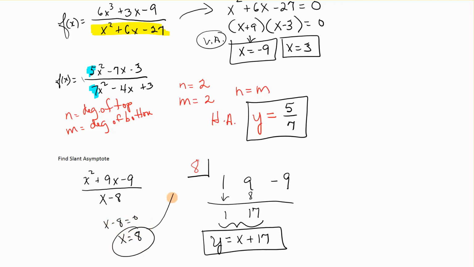So we're going to divide by 8. We bring down the 1, then 1 times 8 is 8. You add, you get 17. We get to stop right there. We don't have to worry about the remainder for this asymptote. Remember, if we started with x squared and we divided by x, we drop down a level. So this is y equals 1x plus 17, and that would be your slant asymptote.